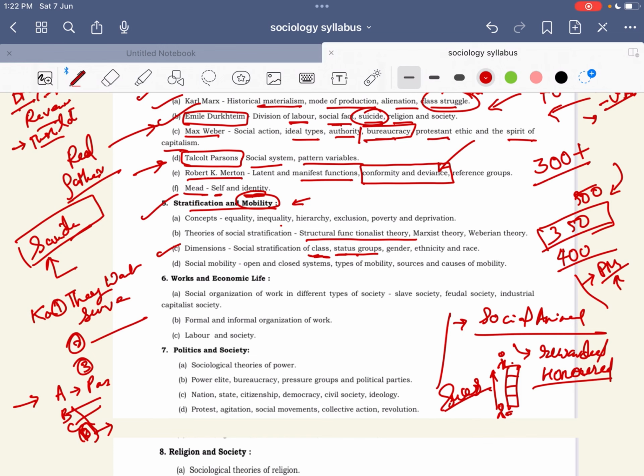Then there is gender, ethnicity. And nowadays in the world we are seeing ethnic cleansing, meaning war is there and they want to wipe out the entire people of that area. Then there is race. You understand how important sociology is. You are seeing sociology everywhere. In the war also, you are seeing Israel Palestine, what is going on there, those issues are there.